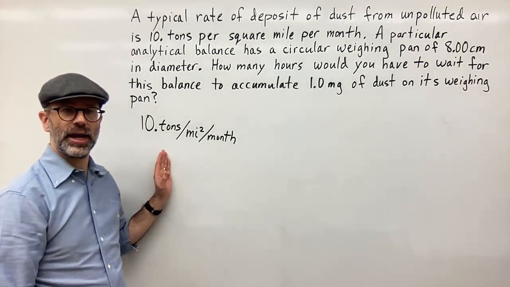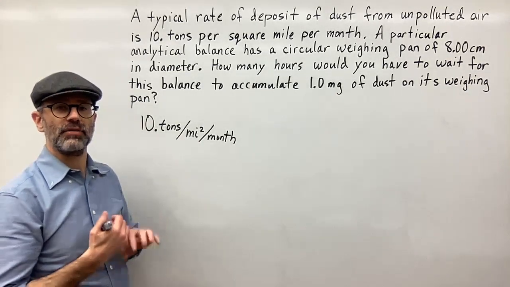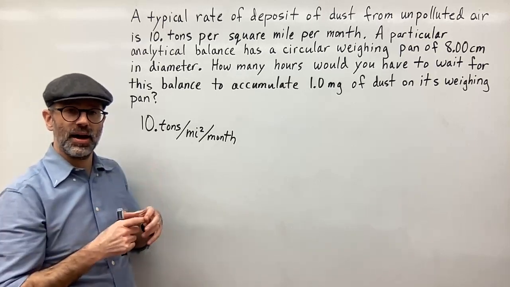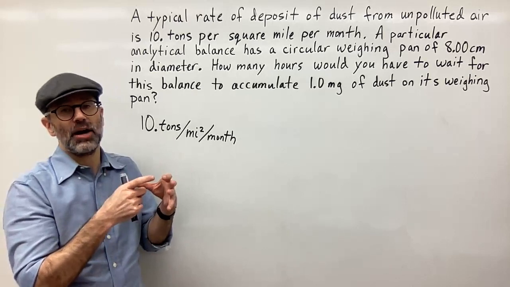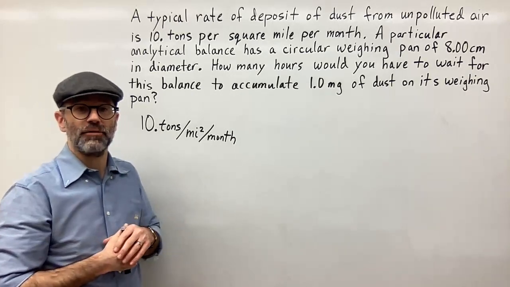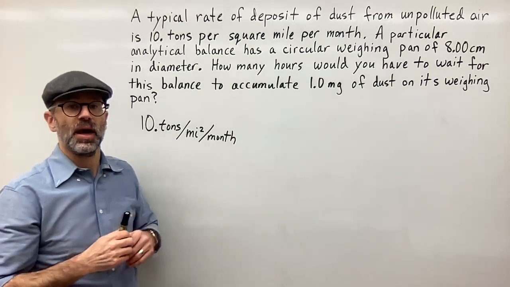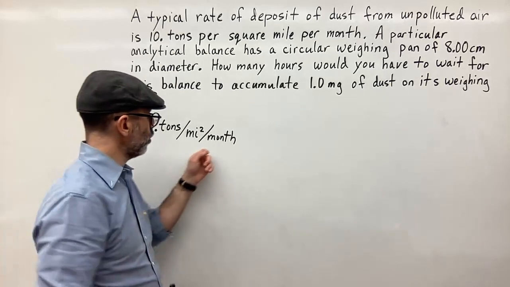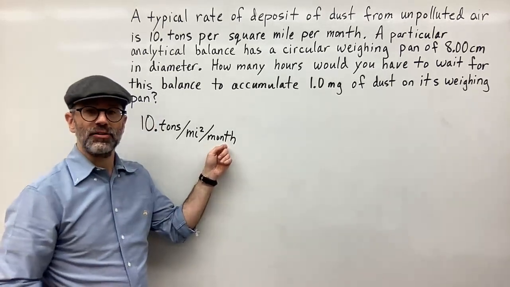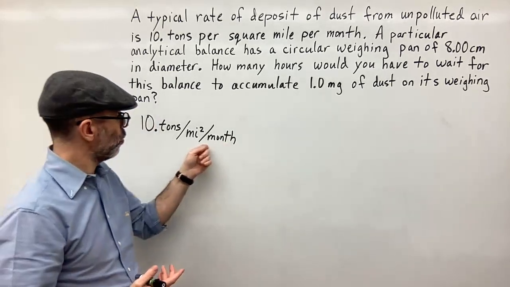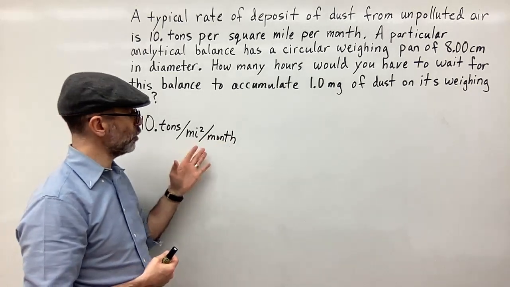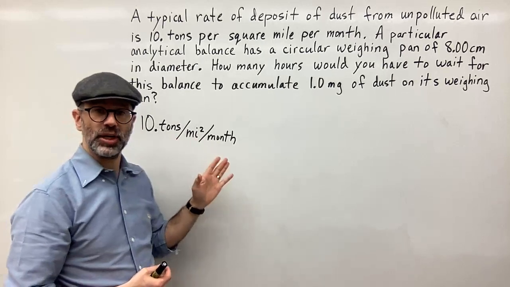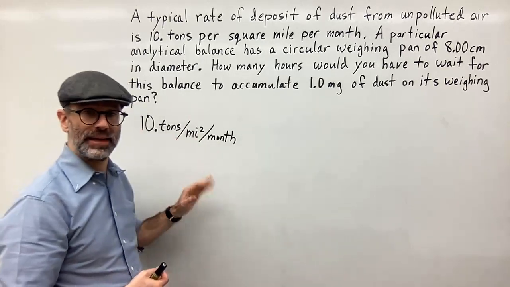They're giving us this rate, and they're giving us a scale with an area in centimeters, so when we calculate it, we're going to have to find the area in centimeters. And also we have this in months, and we want the time in hours. So we're going to have to convert some of these units so that we get a different rate.